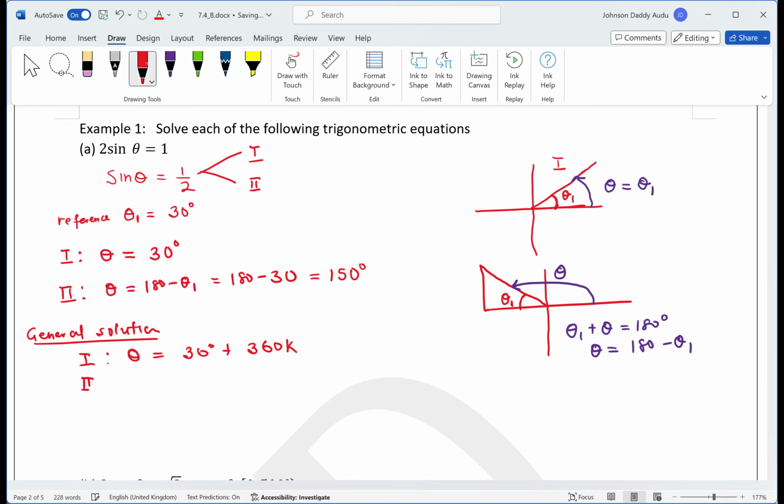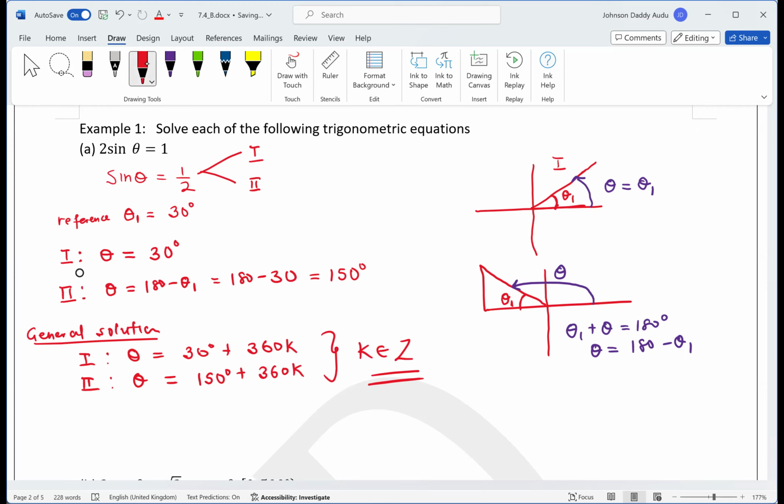And also in the second quadrant, you just write theta is 150 plus 360k. And here k is an integer. Now this is the solution.